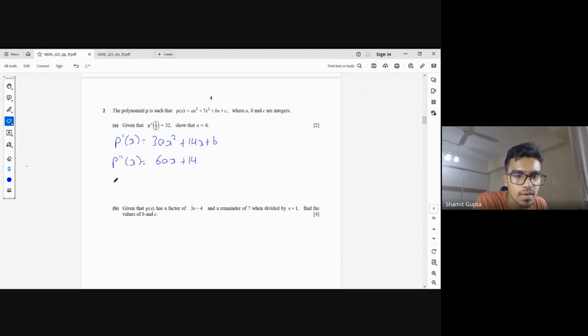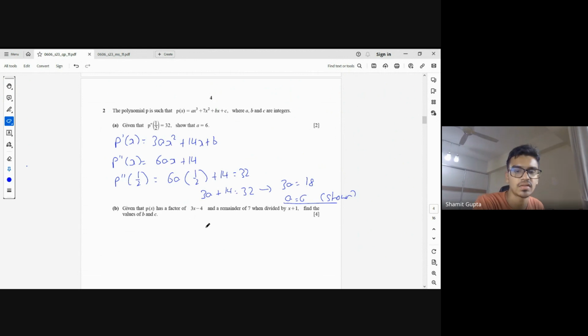Okay, now p double prime of half is 6a times half plus 14, and they've already told you that is equal to 32. 6a times half will be 3a plus 14 is equal to 32. 3a will be equal to 32 minus 14, which is equal to 18. A is equal to 6. And then you can write shown at the end and then just underline this. So I already know I've gotten these 2 marks.